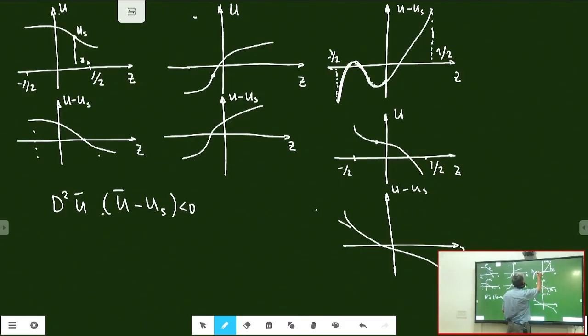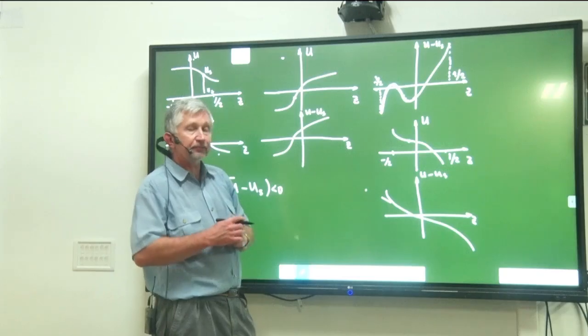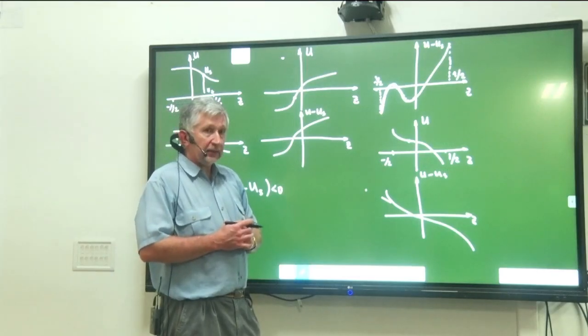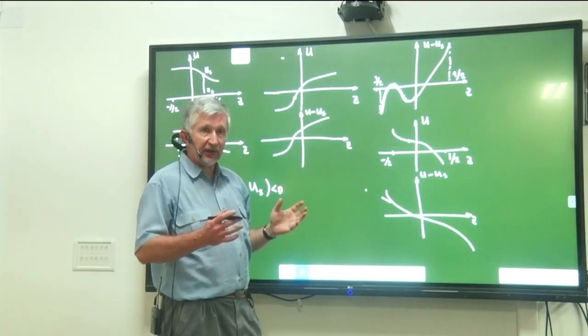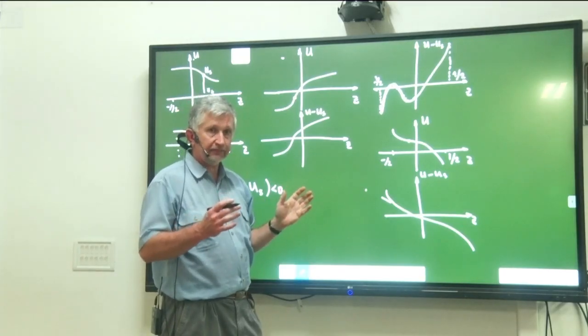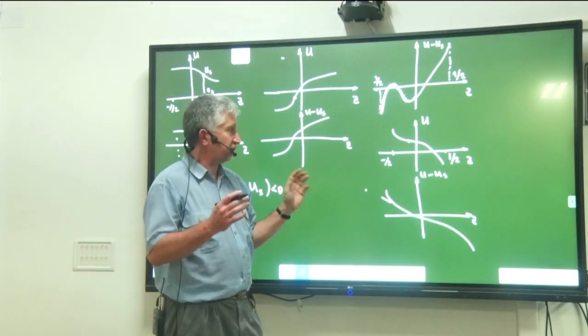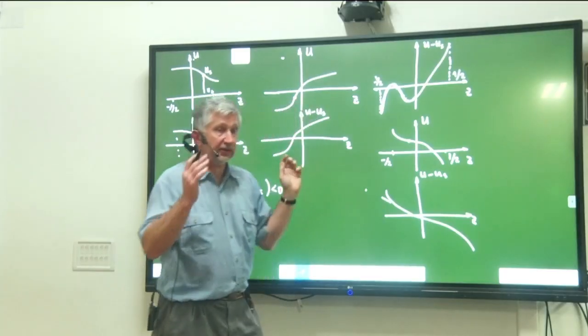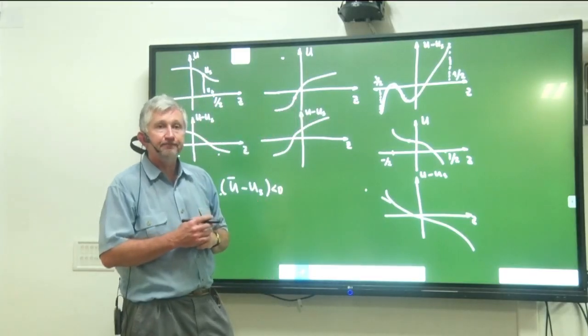So my inflection point is on the axis, so I didn't draw the U of Z, but rather U minus U sub S of Z straight away. So that this inflection point is straight on the axis. All right. Inflection point is there. Rayleigh is satisfied. Okay, so the inflection point is there. Rayleigh is happy. Fjortoft's.